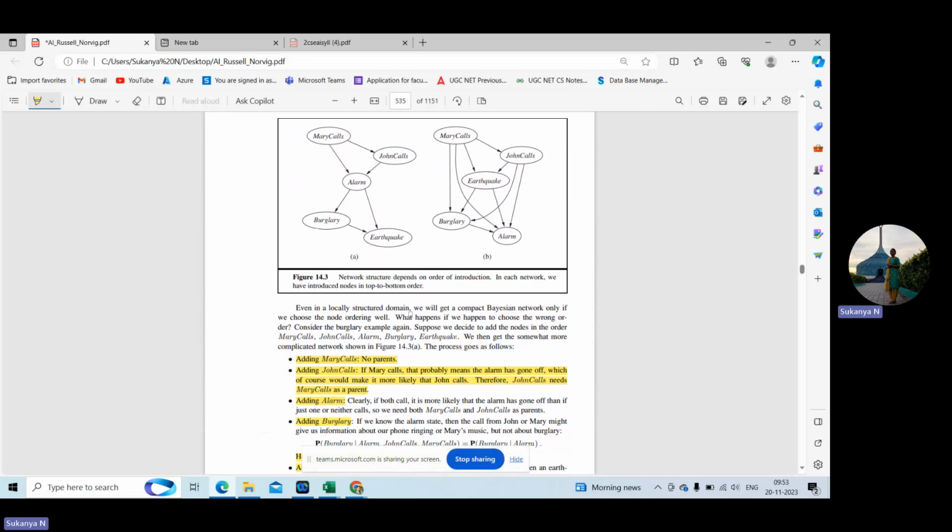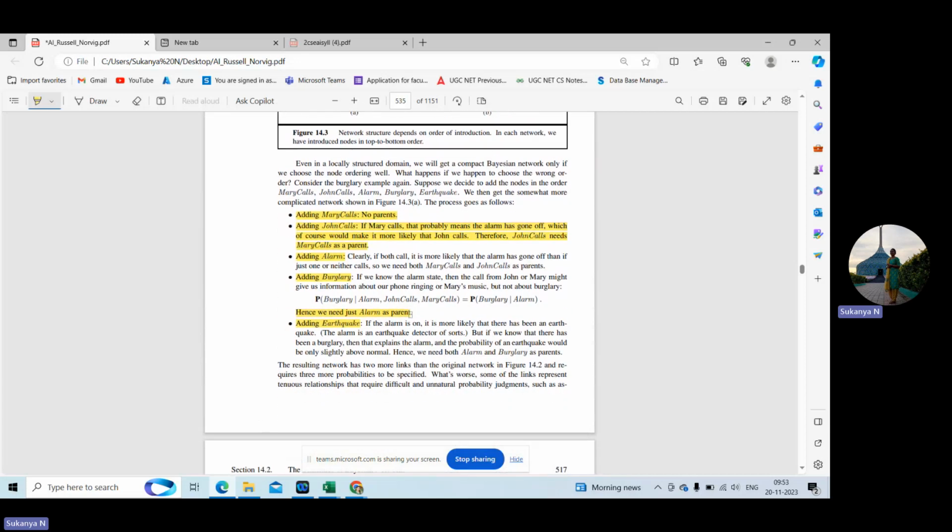To add this, first we add Mary calls. Before, in the previous diagram, Mary had a parent, alarm. Now in this diagram, Mary calls has no parent. What about John? John also does not have a parent.